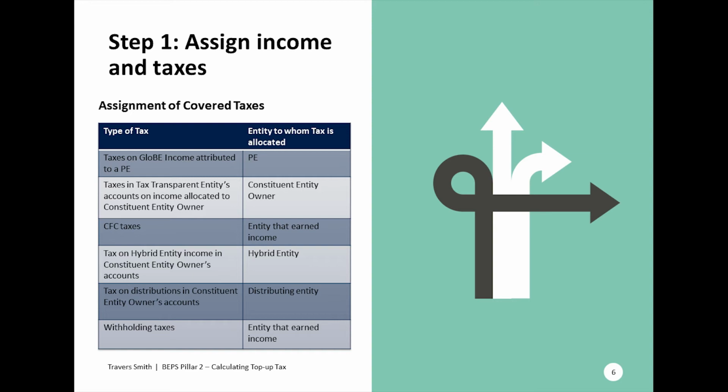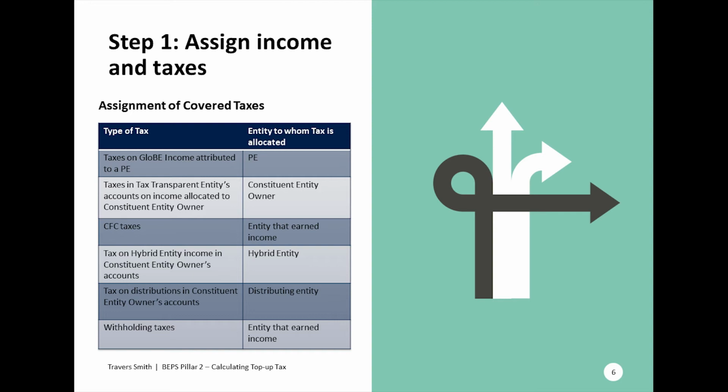Taxes in a tax transparent entity's accounts on income which is allocated to a constituent entity owner, that goes to the constituent entity owner because it's the owner that is allocated the income. Taxes that are levied under a controlled foreign company regime in one of the parent entities, that will be allocated down to the controlled foreign company, so the company that actually earned the income.